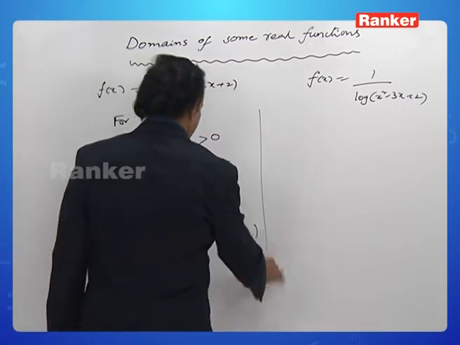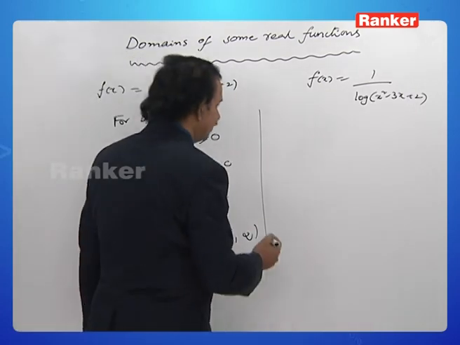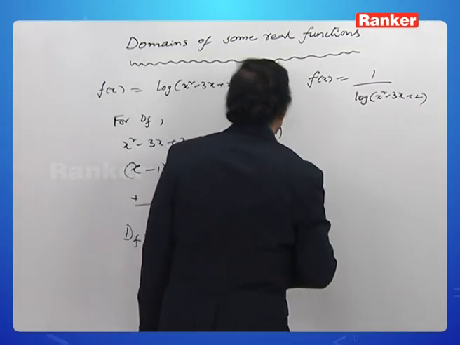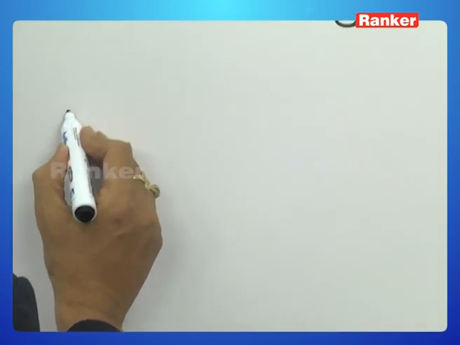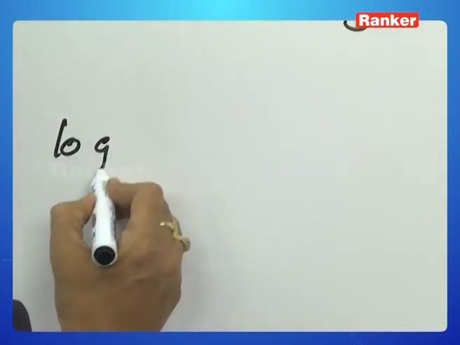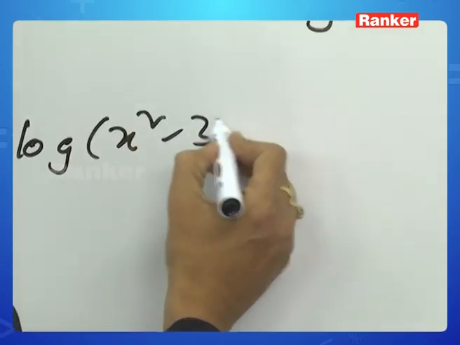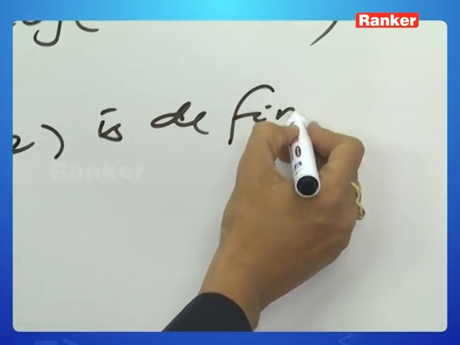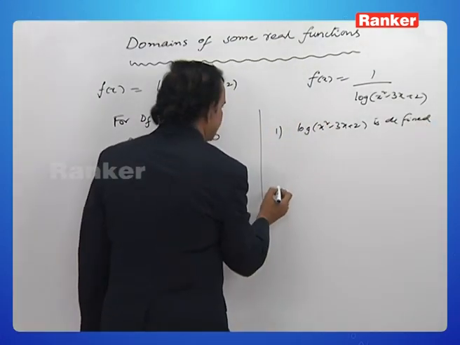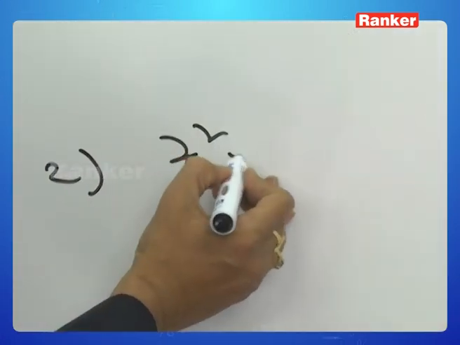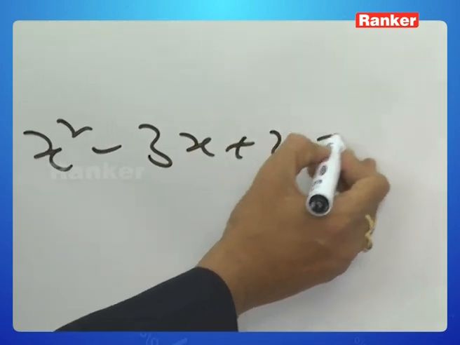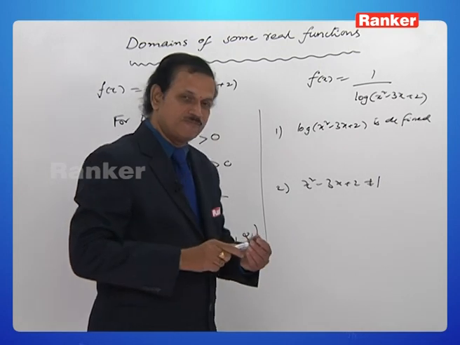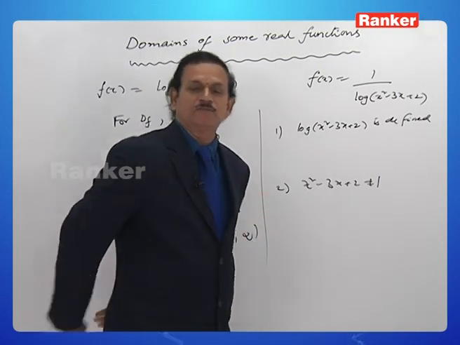What is the case with that function? Here, two cases you may have to consider. Number one, log of x square minus 3x plus 2 is defined, and secondly, x square minus 3x plus 2 not equal to 1. That is the enough precaution you have to take.